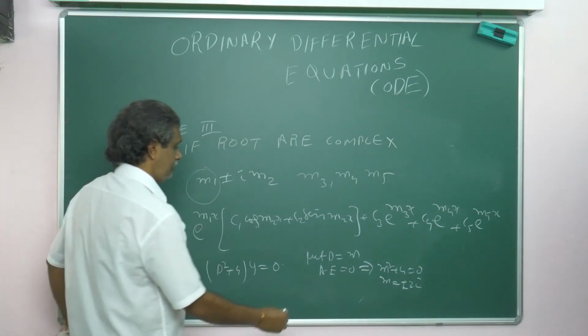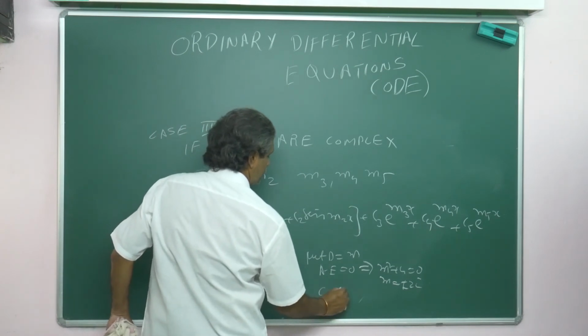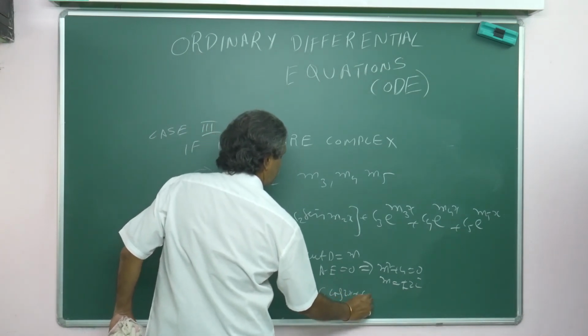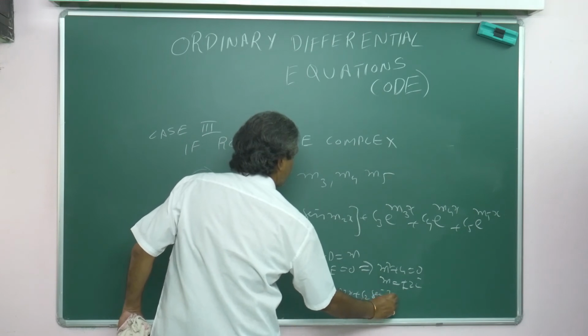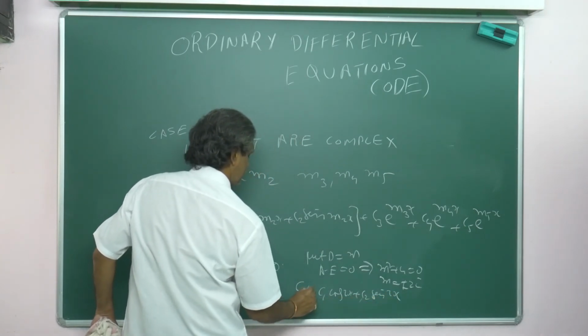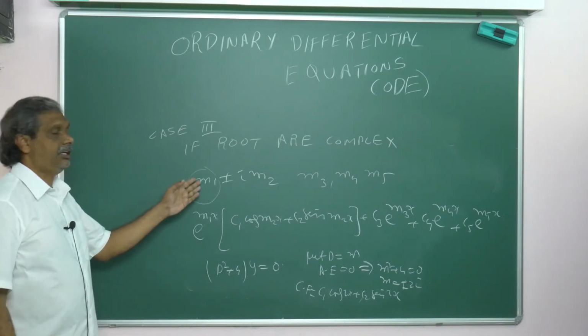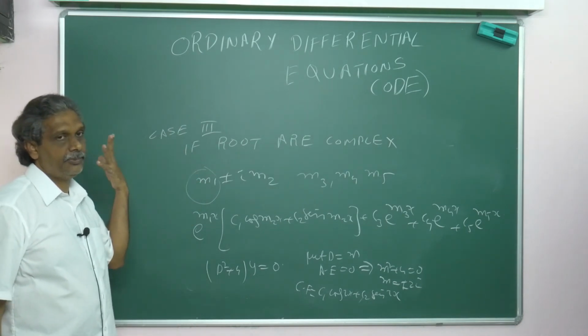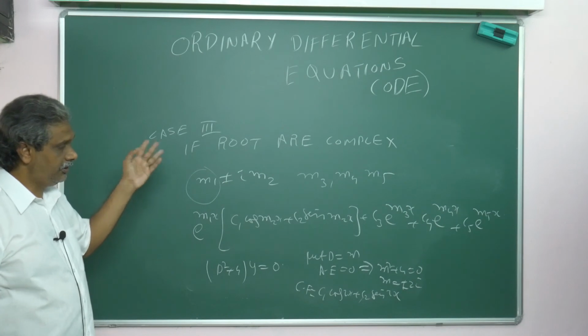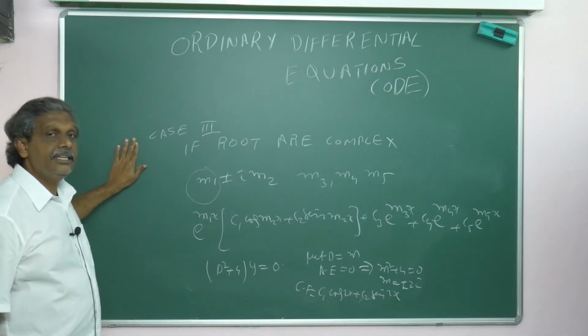So you will write C1 cos 2x plus C2 sin 2x. This is CF. Don't get confused. Don't always expect the real part; sometimes it may be missing. If it is 0, don't worry, you can write this as the CF part.